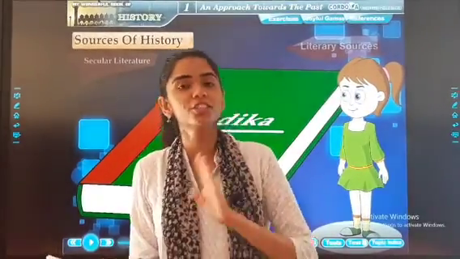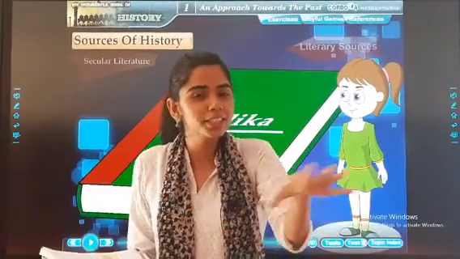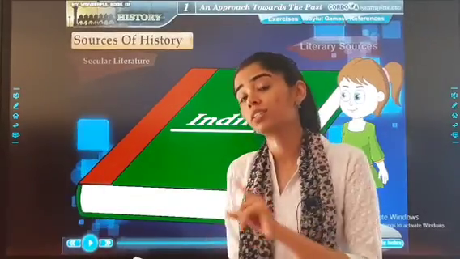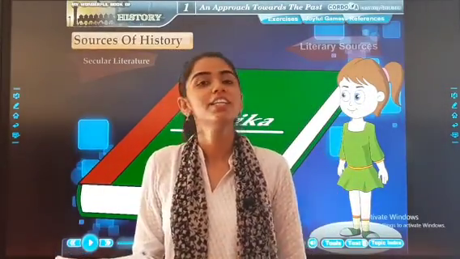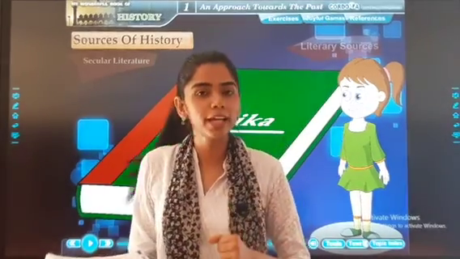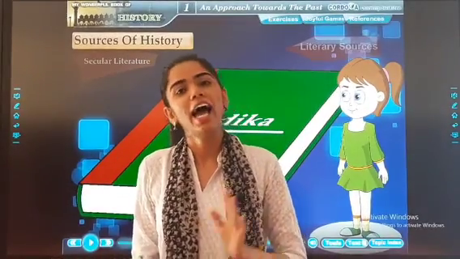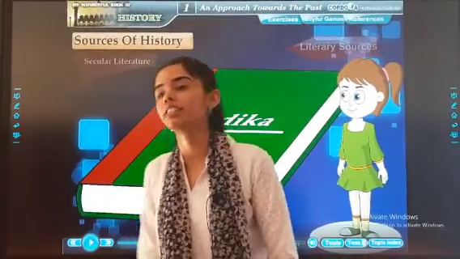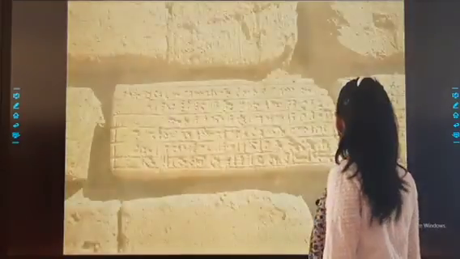How to take decisions, how to handle people. Even today, people read about Kautilya's Arthashastra. Apart from that, there were many foreigners who came to our country, and they wrote such kinds of books. So these were all secular literature.